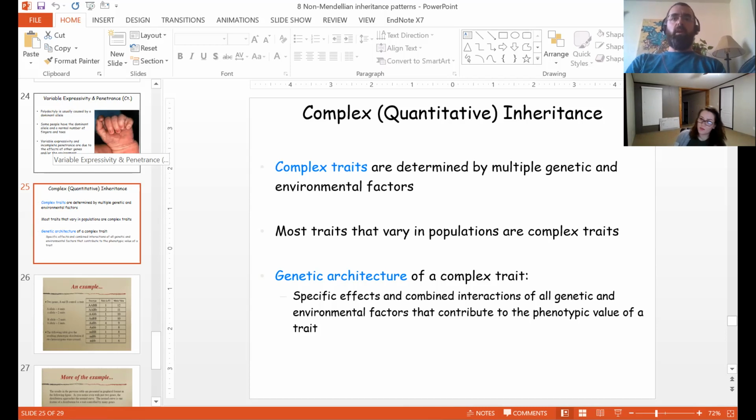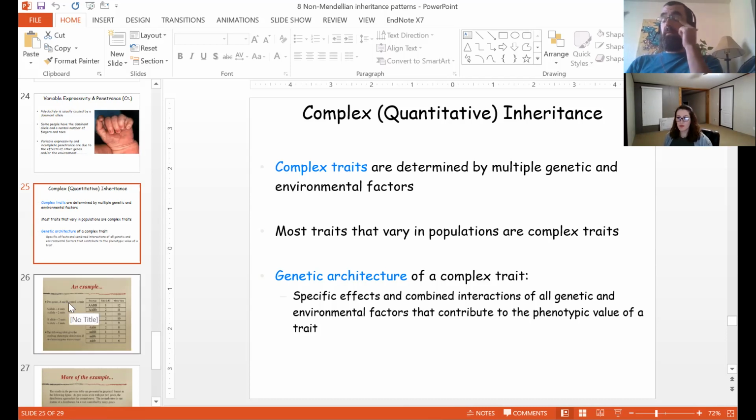And one of the classic traits, so try and talk about the classic characteristics of these different things. Incomplete dominance: the classic characteristic of that is an intermediate heterozygote phenotype and a 1:2:1 ratio in a monohybrid cross.